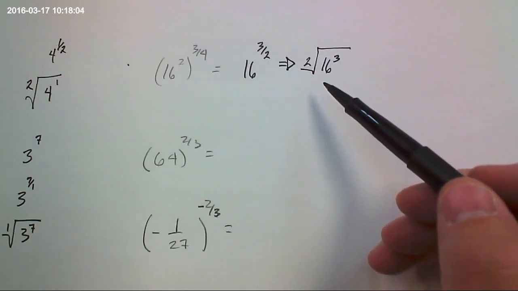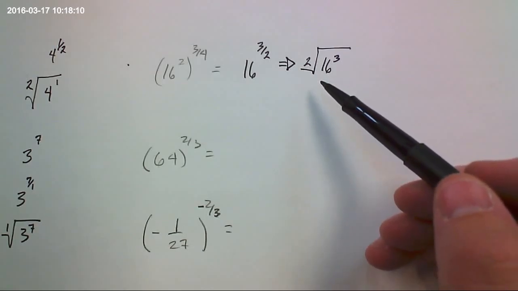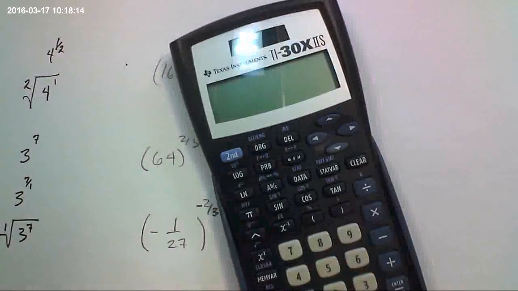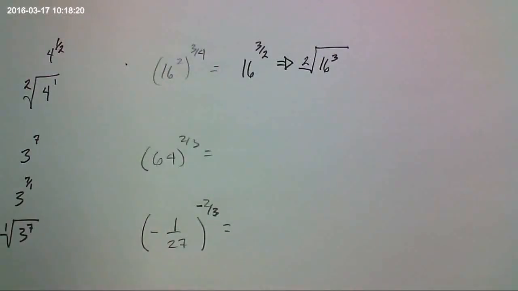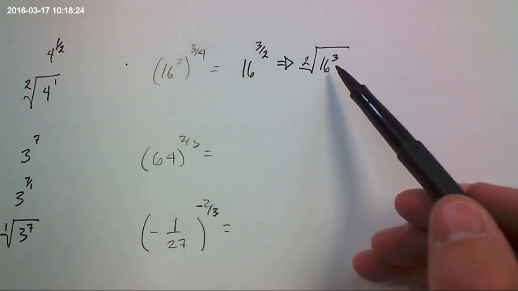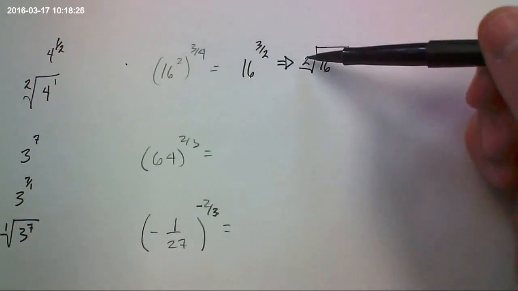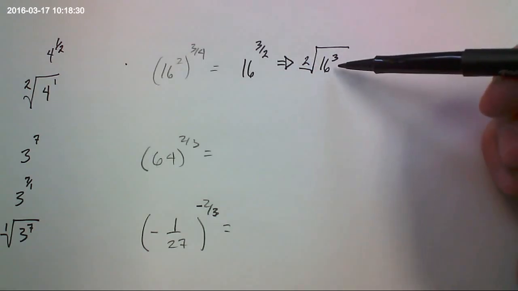I don't even know what 16 cubed is. 256 maybe? 16 squared. Oh, wow. So even bigger. But we're not going to use this to do these problems. If you end up having to use a calculator for this, you're probably going to be wrong. What this means is I'm looking for a number times itself, so I can simplify this.